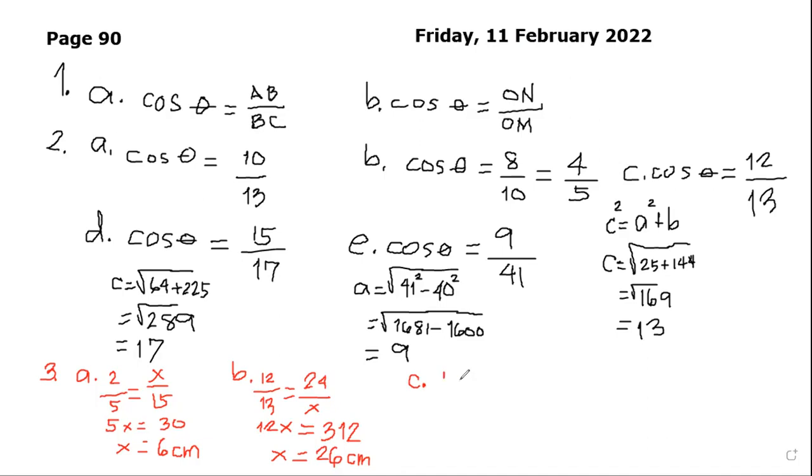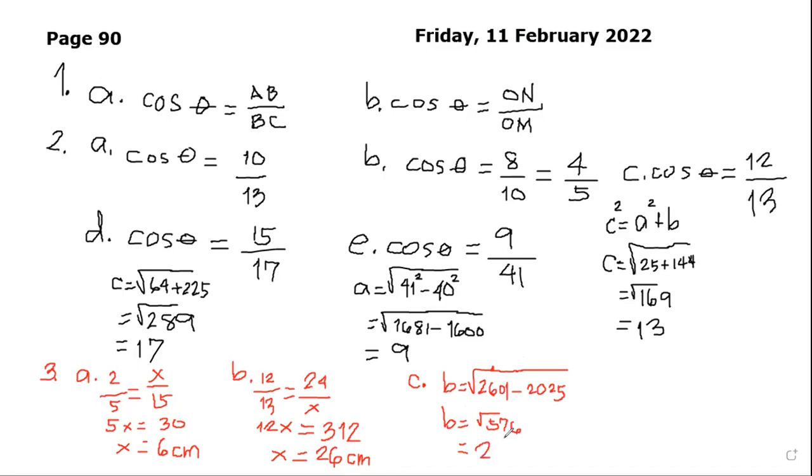So adjacent side B equals the square root of 2601 minus 2025, which is the square root of 576, which equals 24.